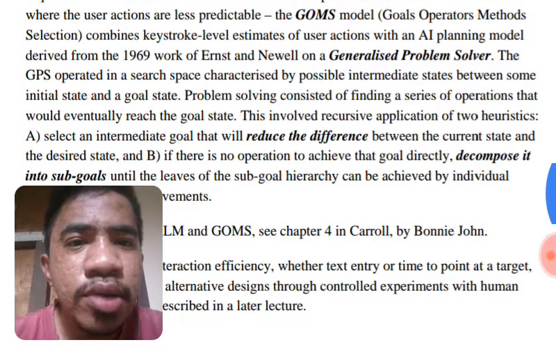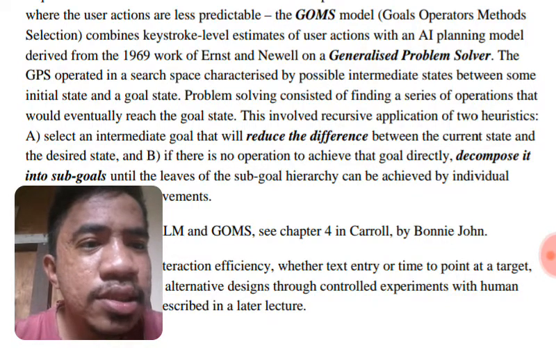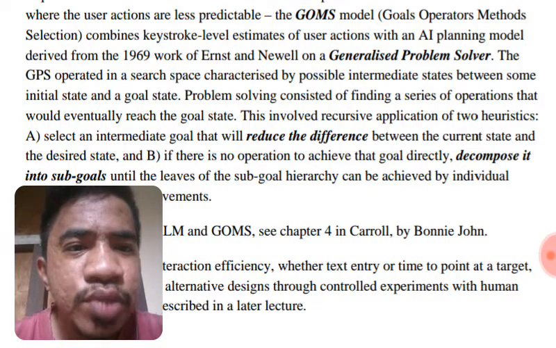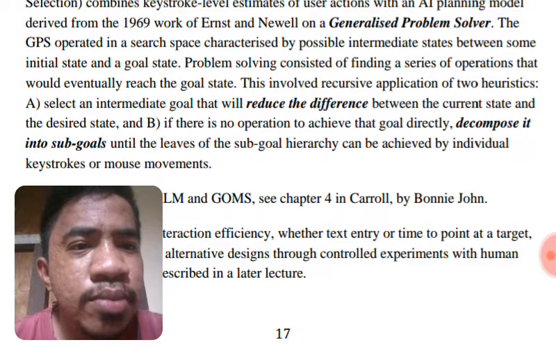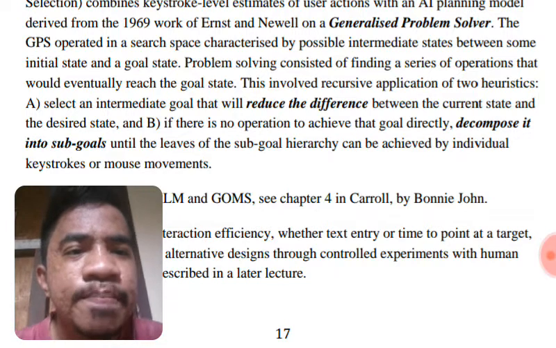The GPS operates in a search space characterized by possible intermediate states between some initial state and goal state. Problem solving consisted of finding a series of operations that would eventually reach the goal state.